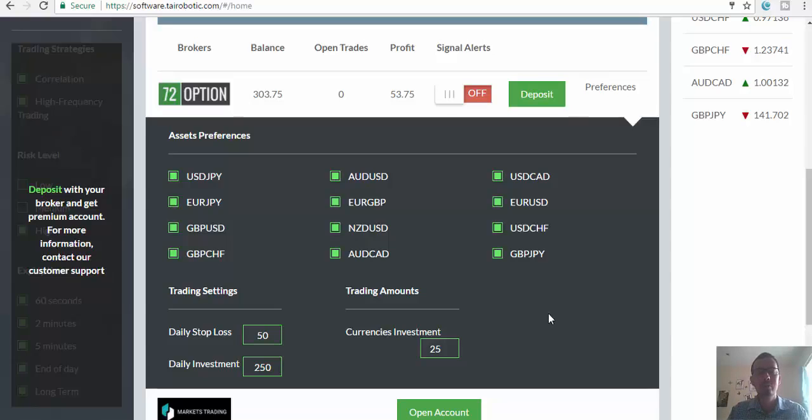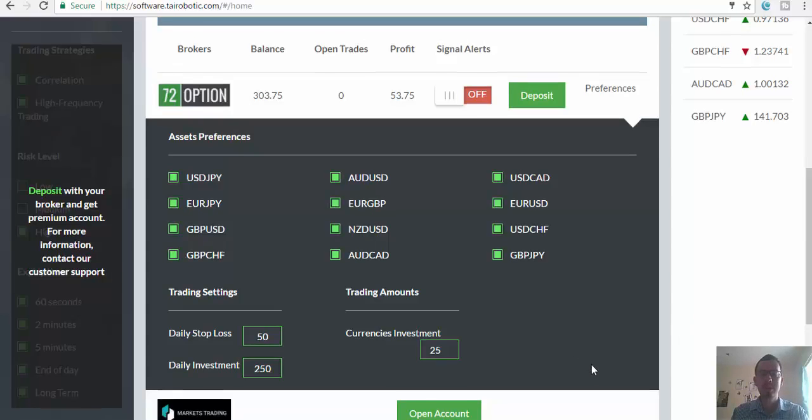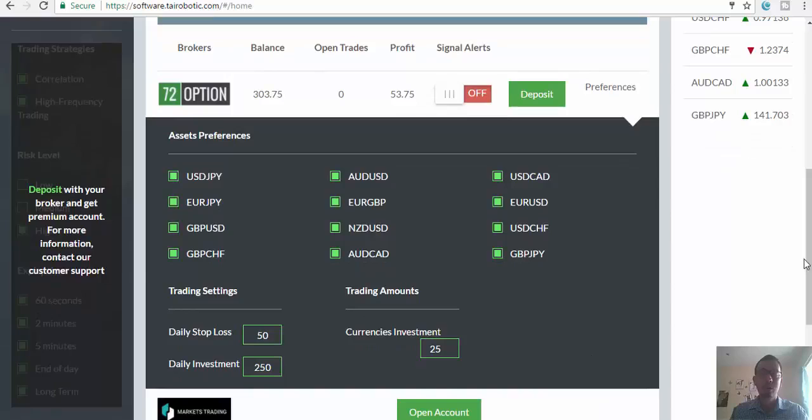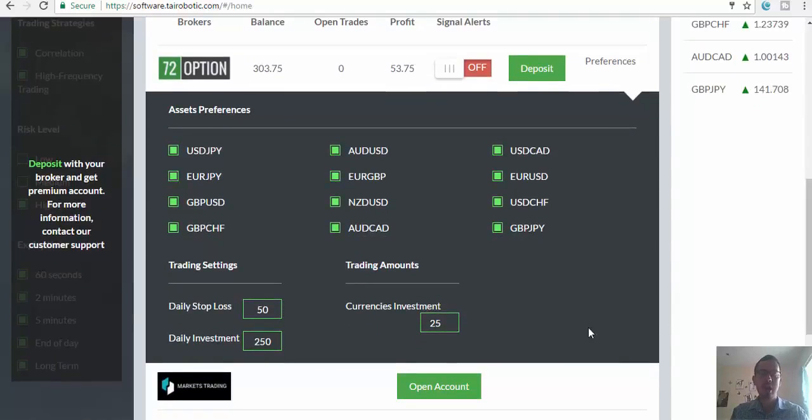I've traded Forex for the past 4.5 years, so I don't have anything against these currencies, but people who trade for a long time tend to trade with high volatility assets. And what do I mean by high volatility assets? Like Euro USD, USD JPY, Euro JPY, these assets right here. So here we have 12 assets, and these are the most volatile and most reliable assets out there.